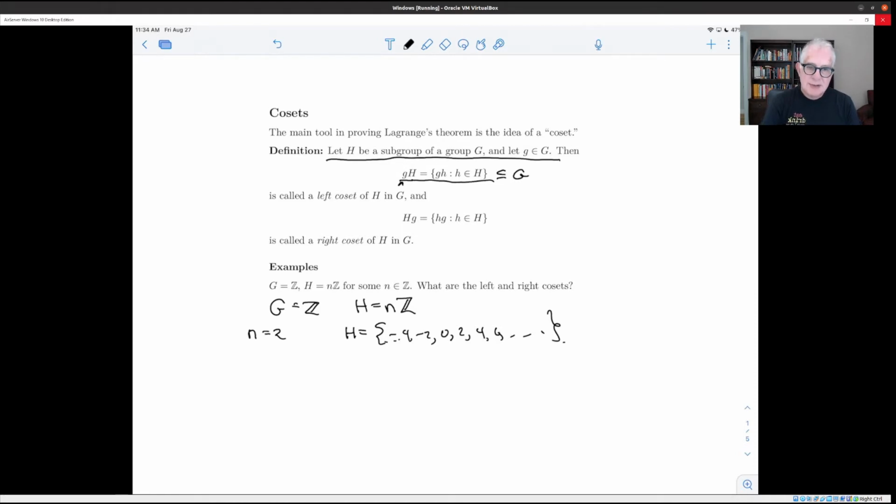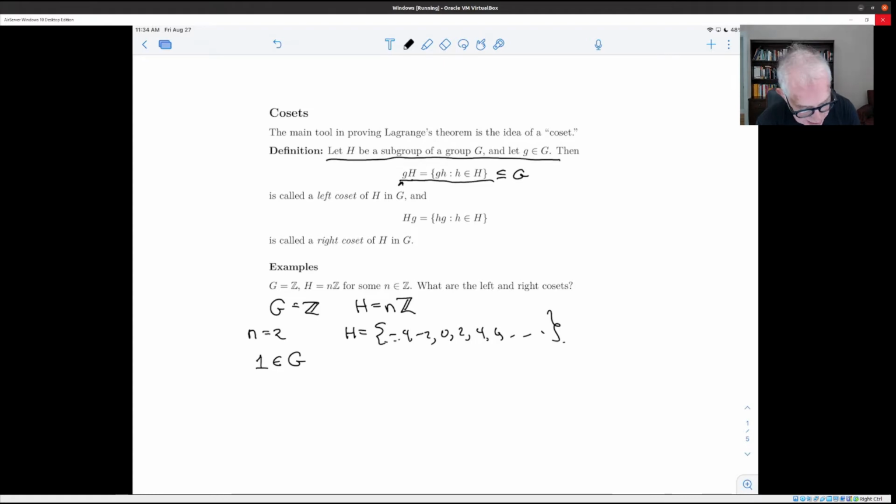To make a coset, we have to pick an element of G, which is the integers, and we have to think about what happens if we take that element and combine it with elements of H. So suppose we pick the element 1. That's a perfectly good element in G. Normally here I've written the cosets multiplicatively, but because we tend to write the group law for the integers additively, I'm going to use additive notation.